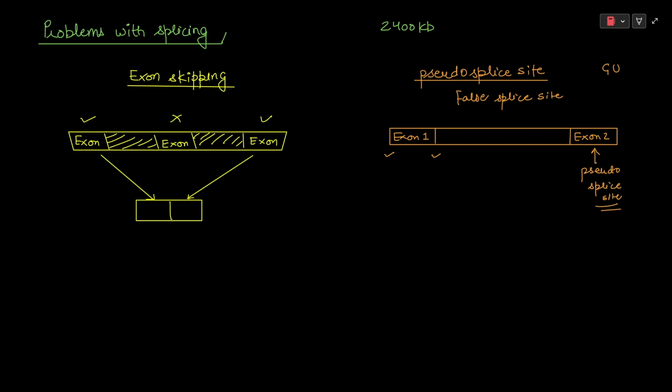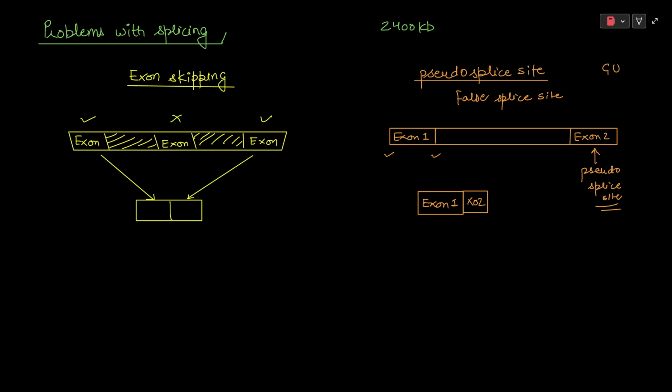As a result, it will contain the complete exon 1, so there will be no trouble there. This is your exon 1, it is completely recognized. But for exon 2, only half of it is recognized. As you can see, it will only recognize this part. So these are the 2 most common errors that can occur during the splicing process.